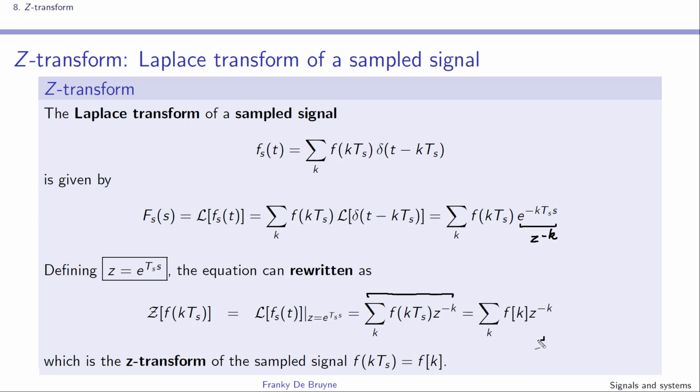So we have here the Laplace transform of the sampled signal, taking into account that z here is defined as such, and we are not going to call it the Laplace transform of a sampled signal. We're simply going to call it the z transform of this sampled signal, or the z transform of the sequence f of k.